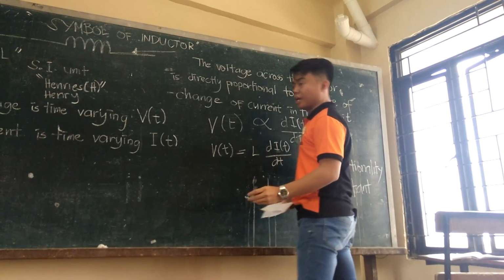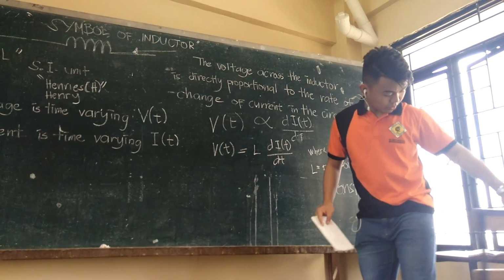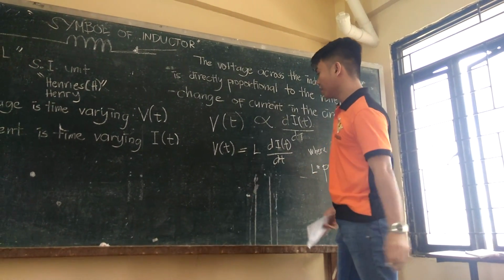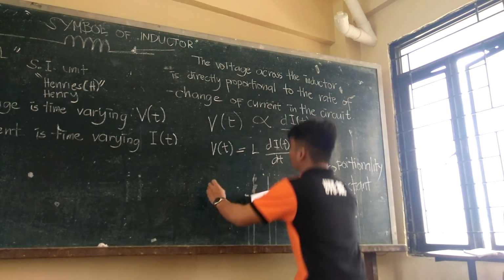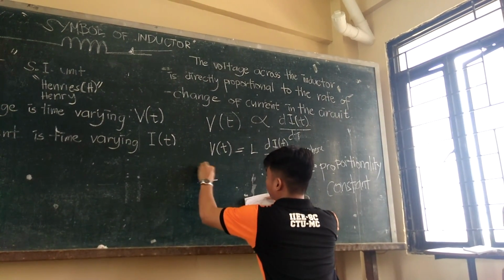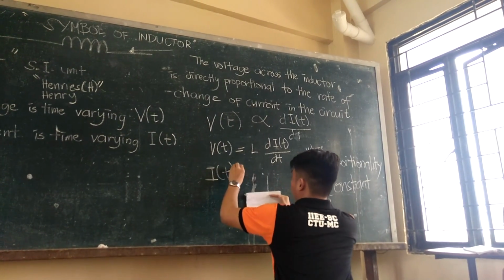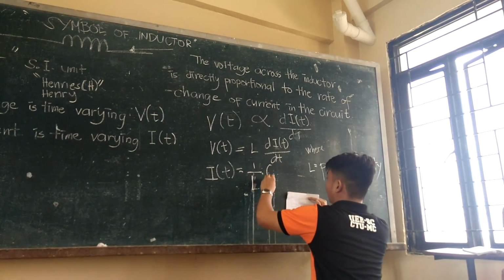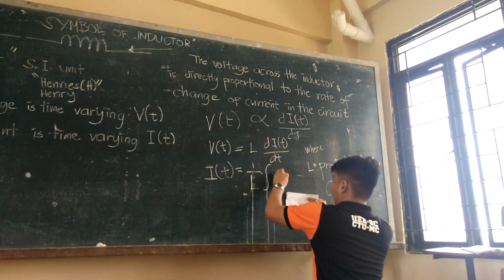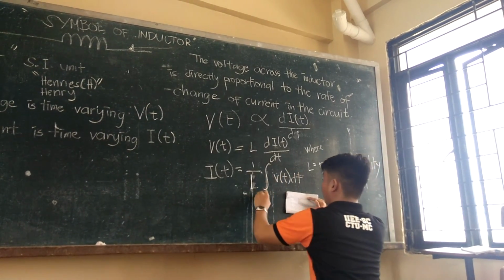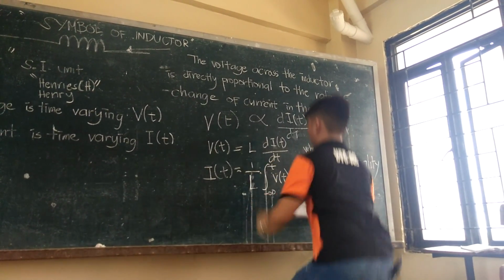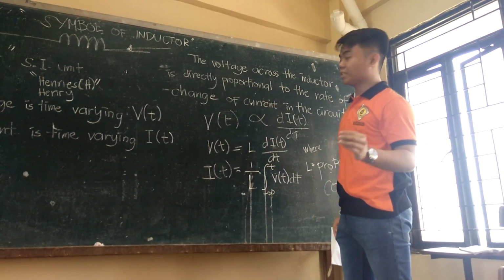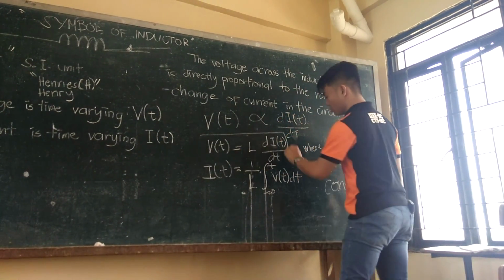If we now know the voltage across the inductor, to simplify further, if we want to get the current, the current equals 1 over L times the integral of v dt, with limits from negative infinity to t. So in answering inductors in series or parallel, we need to focus on these two.